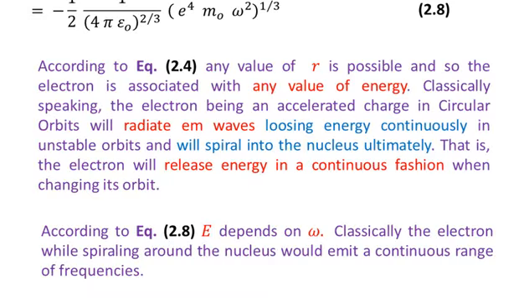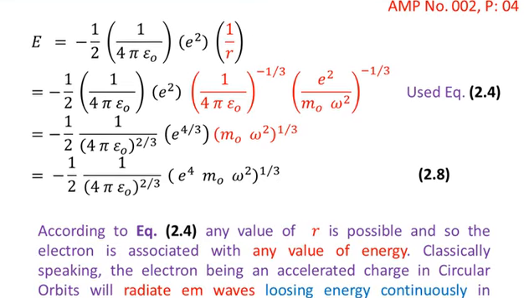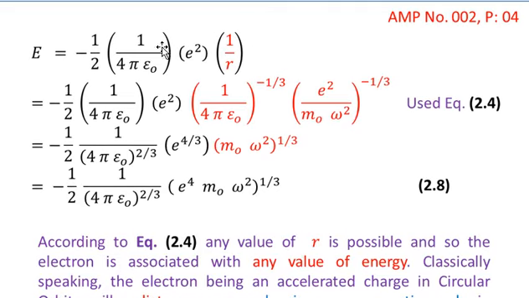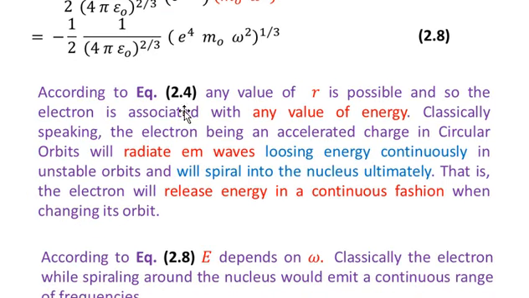If any value of r is possible, then from this expression, from the first line, it means that any value of energy is also possible. If r is changing continuously, then the total energy of the electron will also change continuously. So according to equation number 2.5, any value of r is possible, and so the electron is associated with any value of energy.